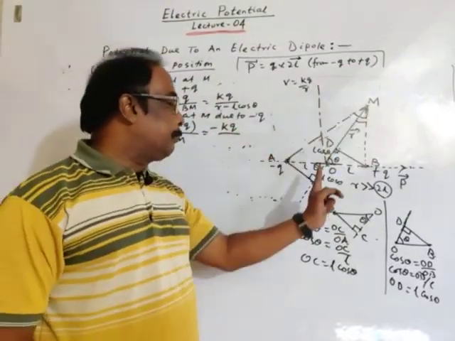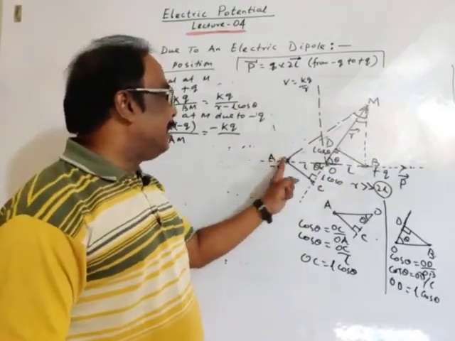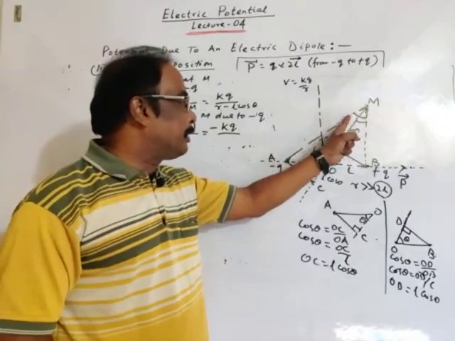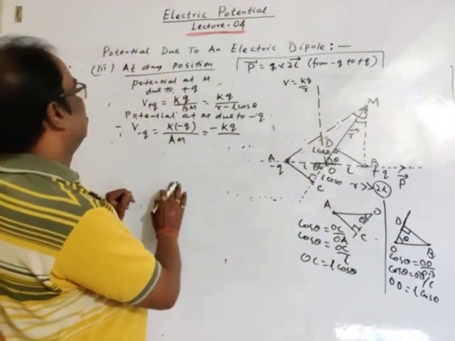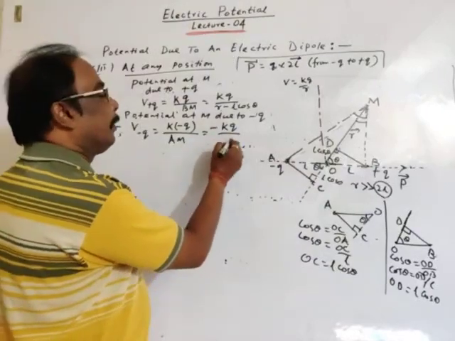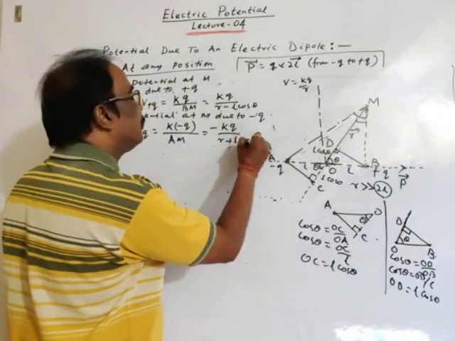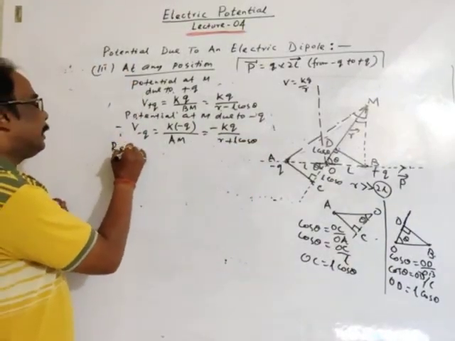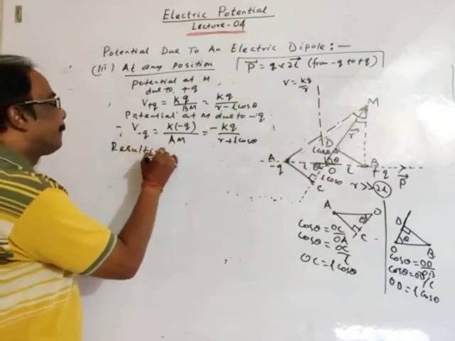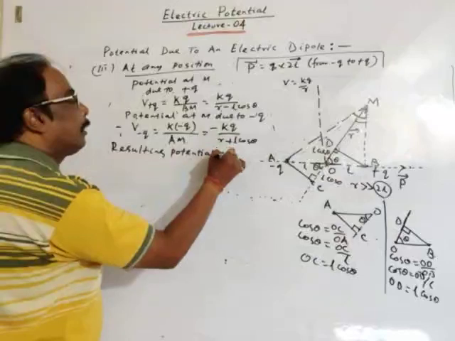But AM is equal to CM, as we have found, since this angle is very small, and CM we got as R plus L cos theta. Then the resulting potential at M.